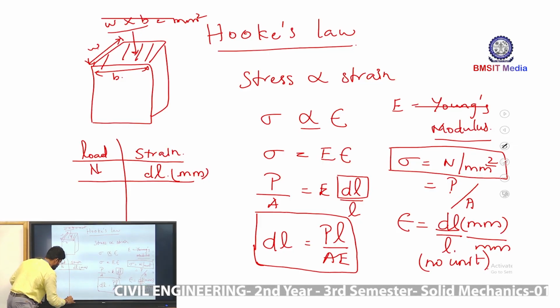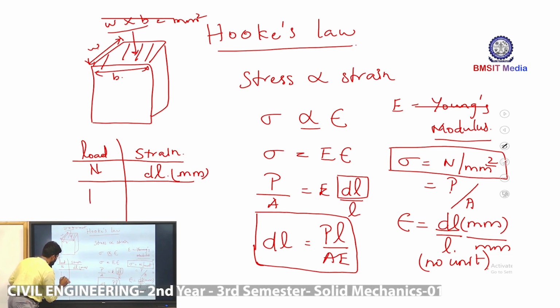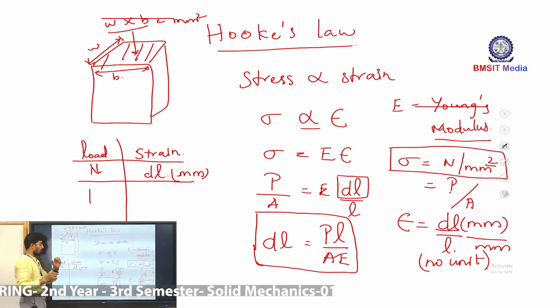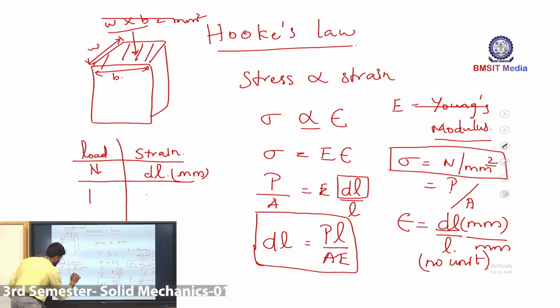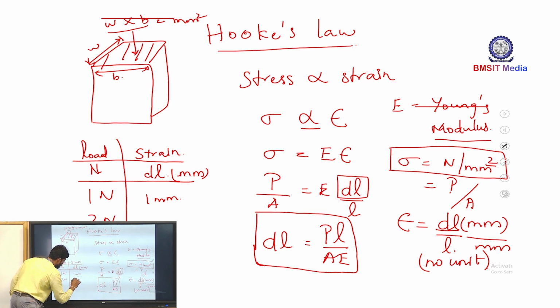If I apply 1 Newton load, how much is the deformation? Let me take that for 1 Newton the deformation is 1 mm. Similarly, when I apply the 2nd Newton, the deformation goes to 2 mm. So it is linear.